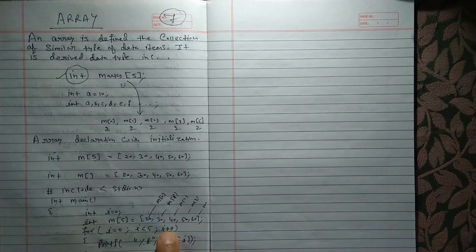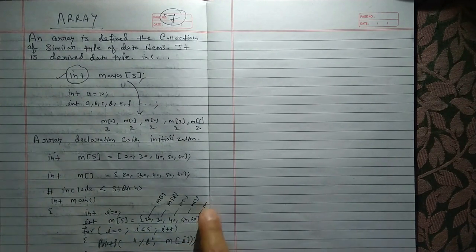Then i = 3, 3 is less than 5, yes, m[3] will print 50. Then i = 4, 4 is less than 5, yes, m[4] will print 60. Then i++ makes 5, 5 less than 5, no, so it will come outside, return 0, and close the program. So that is the way to write a simple array program.